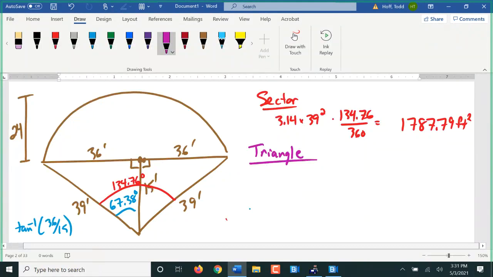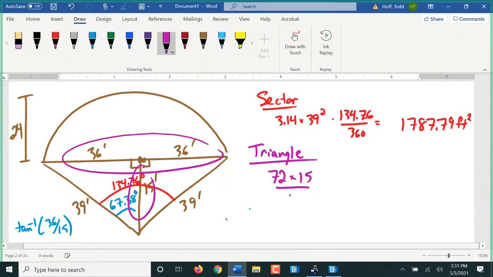Next, we'll find the area of a triangle. This is 72 by 15 by 2, 540.